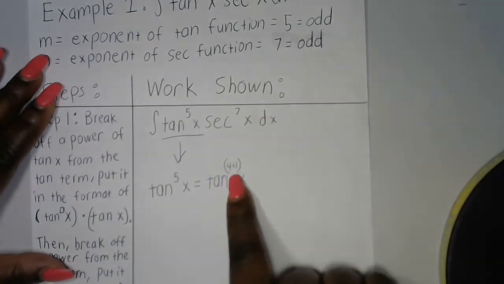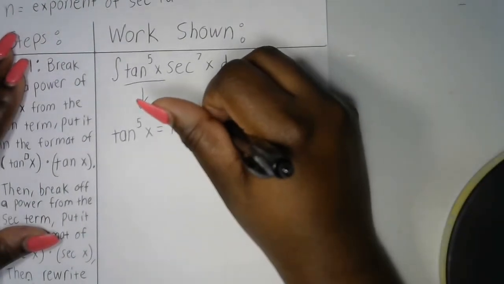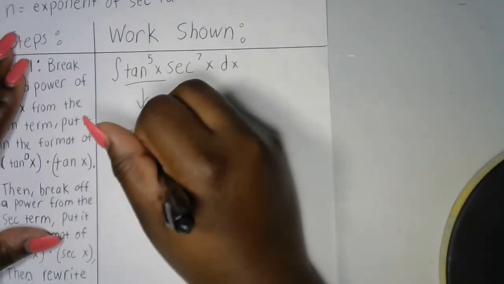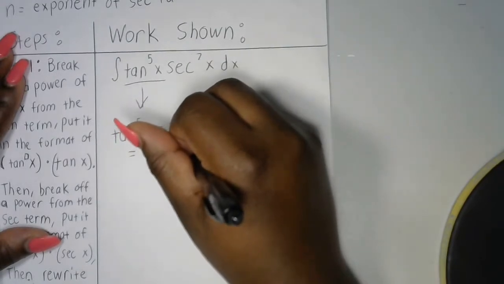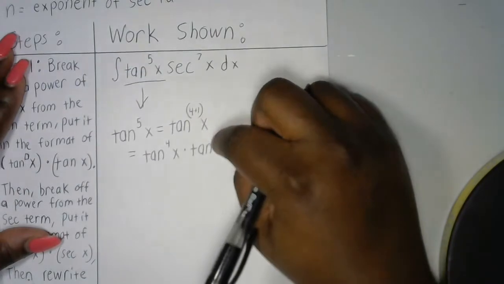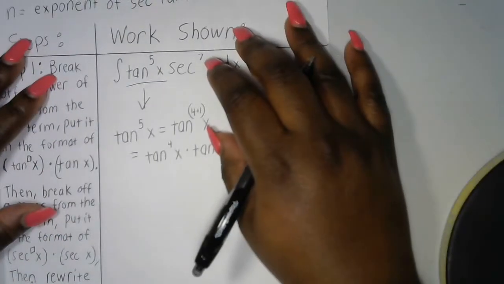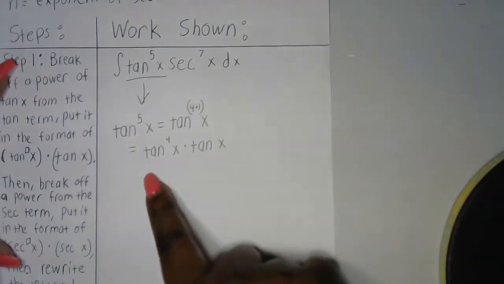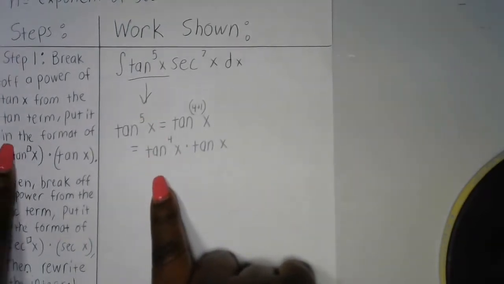Using rule number 1, this can be broken down into tan x to the 4th power times tan x to the 1st power. But anything to the power of 1 is itself, you guys know that, so I just wrote it like this.